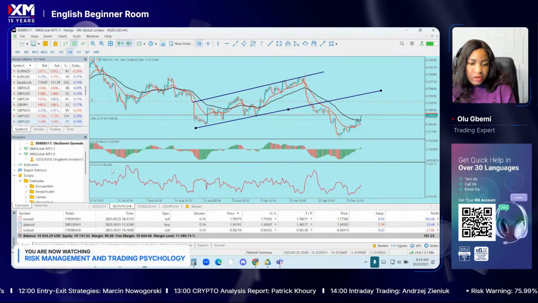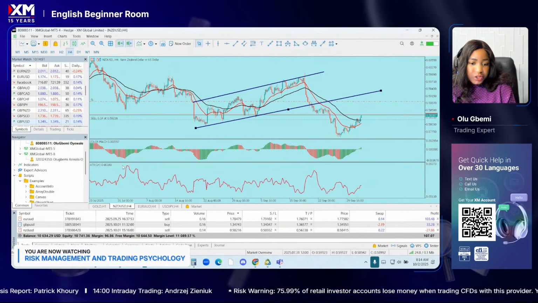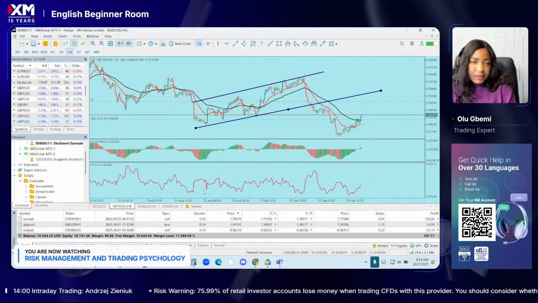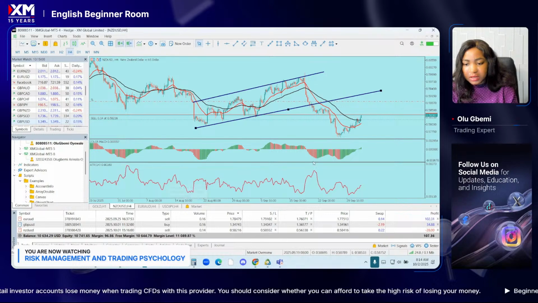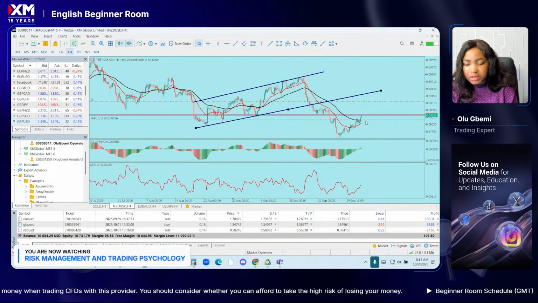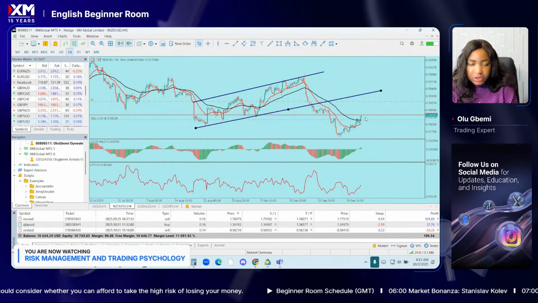So some people will say, okay, I'm going to take times two of the average true range, and then multiply the 16.8 by 2. Let's just say 17 by 2. That's going to give them 34 pips. So you can say, okay, I'm going to enter this trade, but I'm going to do a 34 pips stop loss.